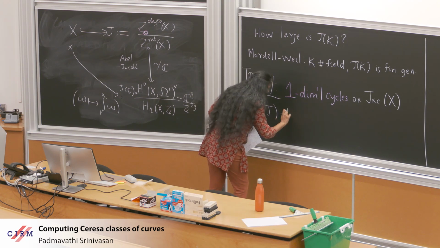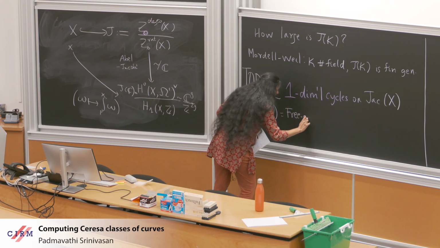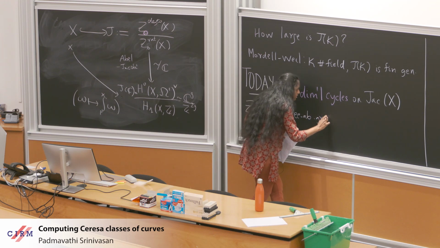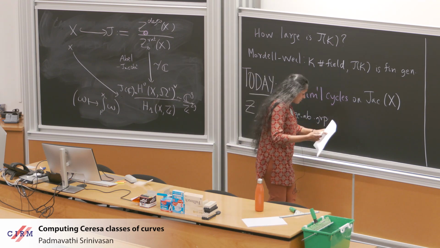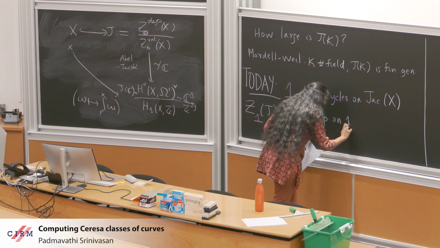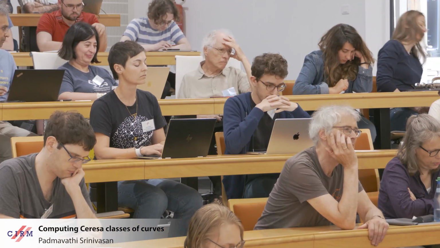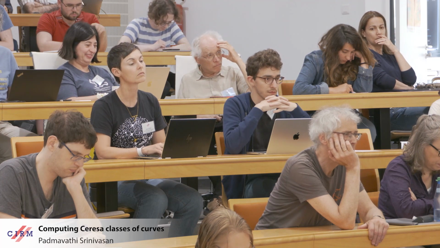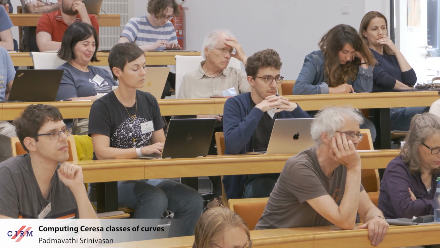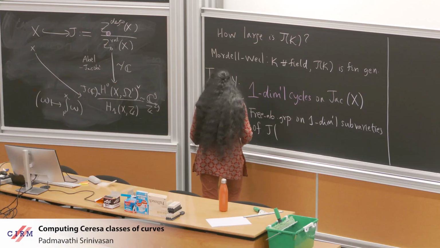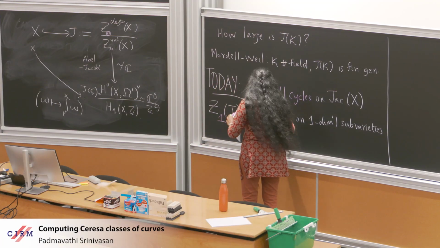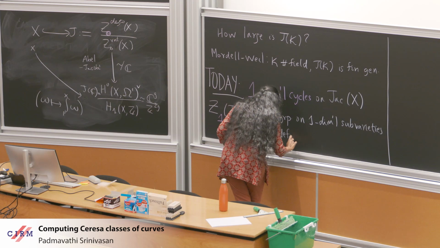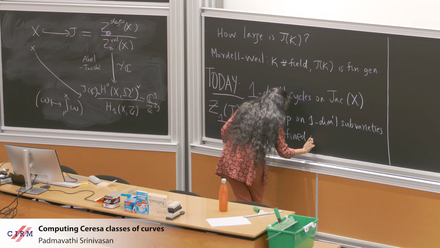This is the free abelian group on one-dimensional subvarieties of J. I need to be careful about where things are defined, but I'm going to be looking at subvarieties, say, defined also over K.